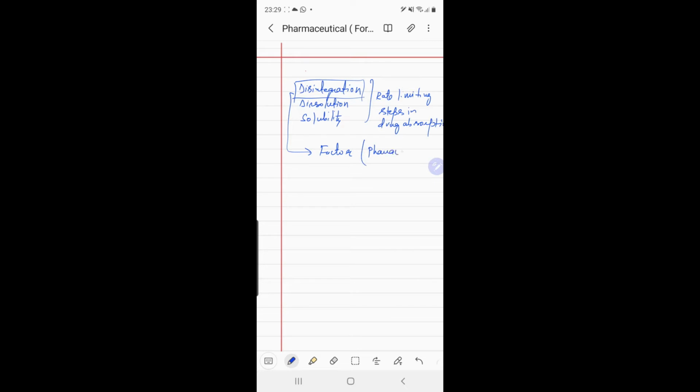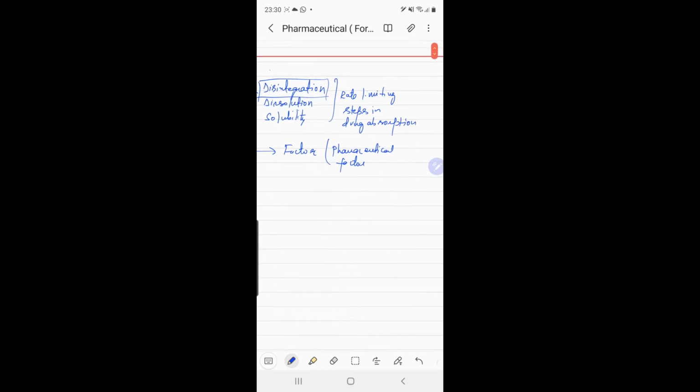One of these factors is the rate limiting step, especially if the drug product type is solid dosage formulation. So we will first discuss the primary factors which affect the drug release or the drug product performance, or the drug dosage from the formulation of the drug product.